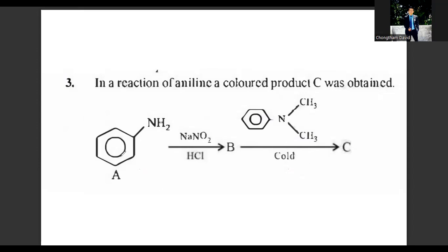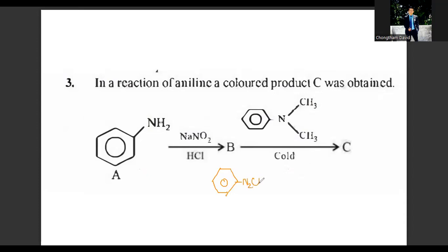So, if you look at the sequence of this reaction, A aniline reacts with nitrous acid in cold condition gives B, and again treated with this amine gives C. Question is asking find the correct answer. So now let us write the product B. Basically this is a diazotization process, and the diazotization of aniline yields diazonium chloride.